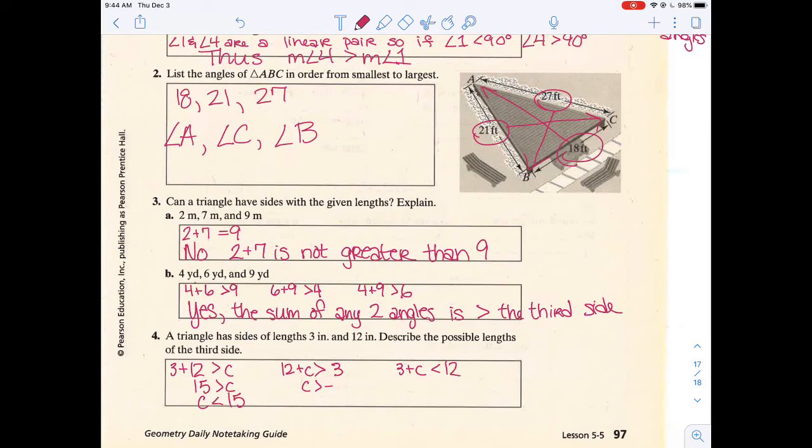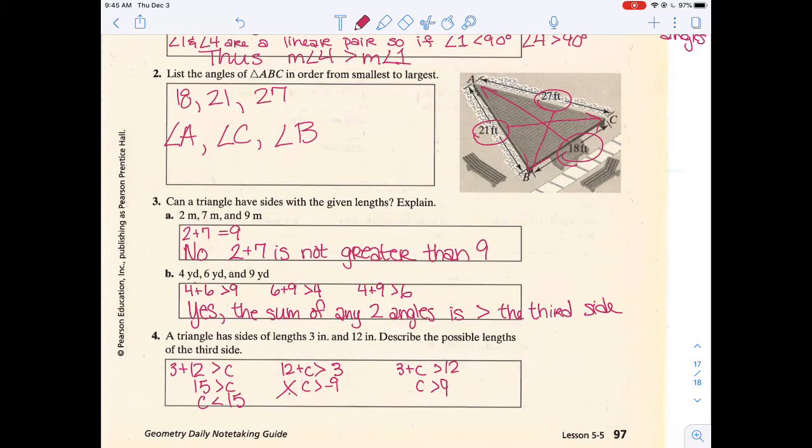If we subtract this, C is greater than negative 9. And if we subtract this, C is less than, oops, I had this sign backwards. Sorry guys, it should be greater than 12. So if we subtract that, C is greater than 9. Okay, so it can't be negative because distances can't be negative.